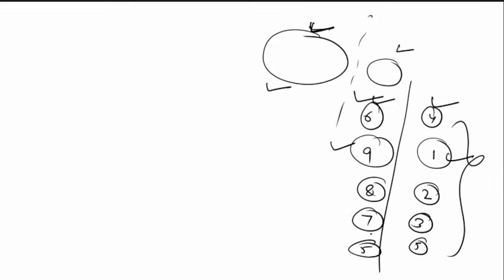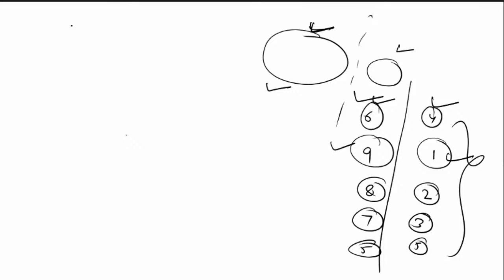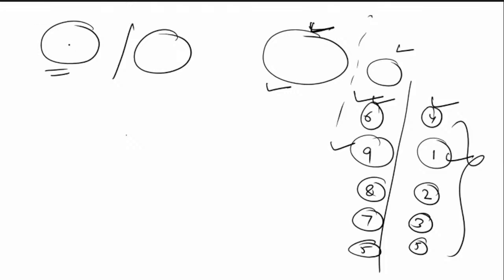Now which of these possibilities will give us the maximum number of edges? That is what we want to find out. Let's assume we are making two components, and the number of vertices here is a. Then automatically there will be 10 minus a vertices in the other, because the total number of vertices is 10.